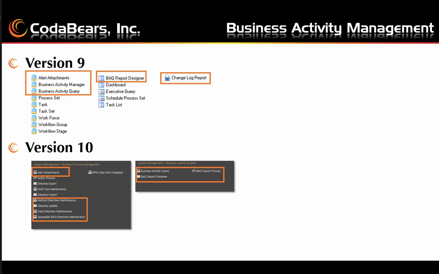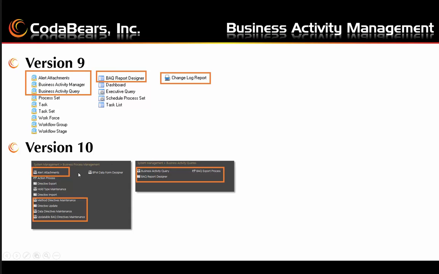For version 10, we see that now these areas that were all in the business activity management menu item in version 9 are moved to the system management menu and either the business process management menu or the business activity query menu in version 10. And we can see that in the path at the top of each of these slides.